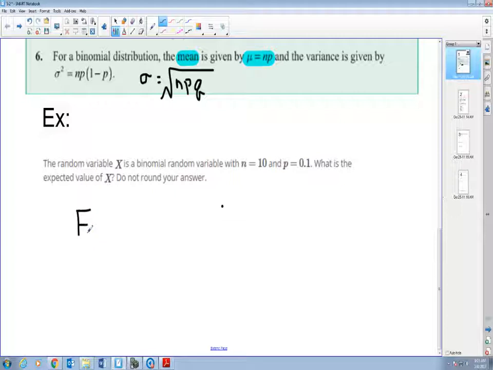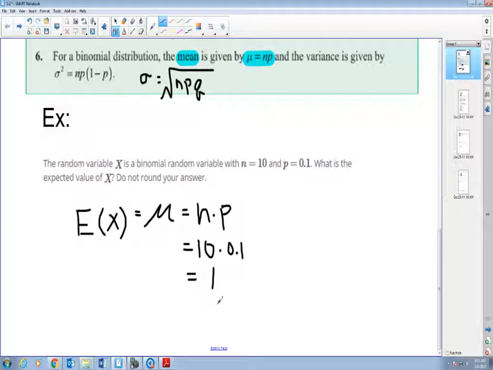The expected value is your mean, mu, which is n times P. My n is 10 and P is 0.1, so that will just be 10 times 0.1, which is 1. So my expected value, or my mean, is 1 for this problem.